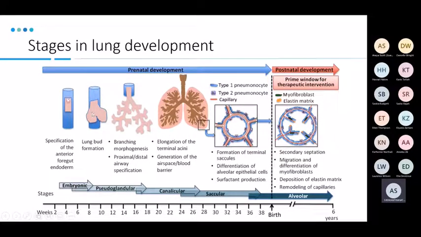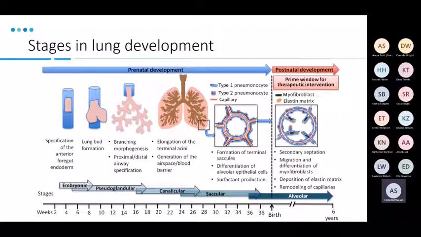A bit of the foregut comes through and buds off to form your trachea and bronchus, and then those will form your bronchial branches, your bronchial trees. And then eventually you'll start forming the terminal acini, which eventually turn into your alveoli.